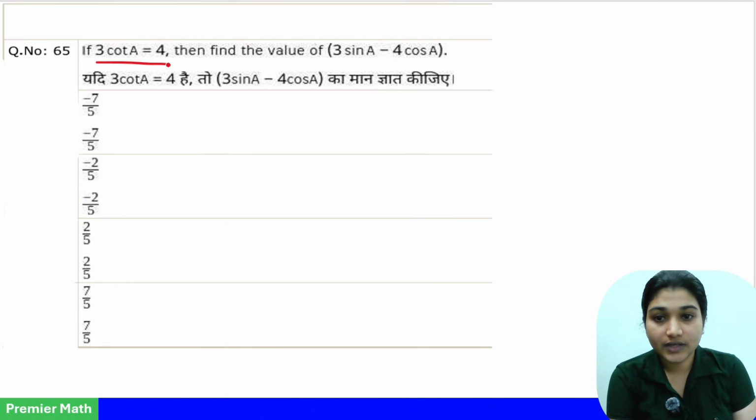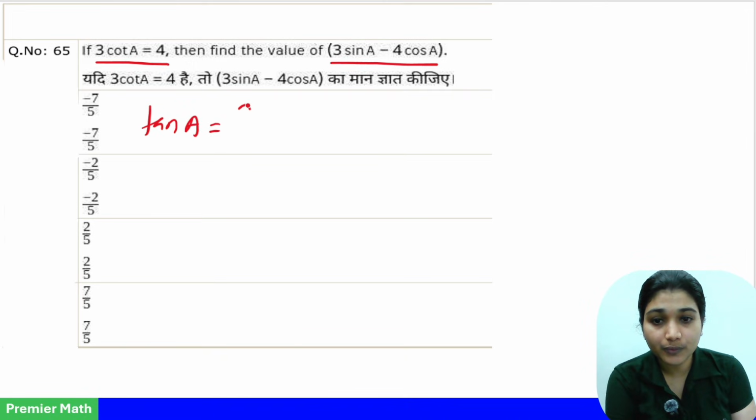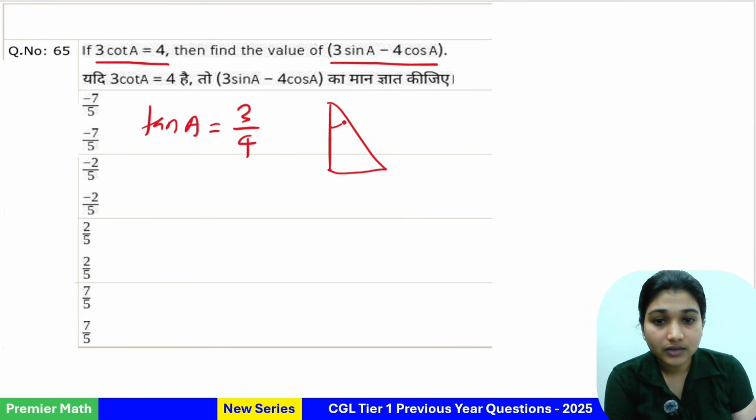If 3 cot A is equal to 4, find the value of 3 sin A minus 4 cos A. Here cot A is equal to 4 by 3, which means tan A is the inverse of 4 by 3, which is 3 by 4. Then tan A is equal to 3 by 4 means opposite side by adjacent side, so the hypotenuse is 5.